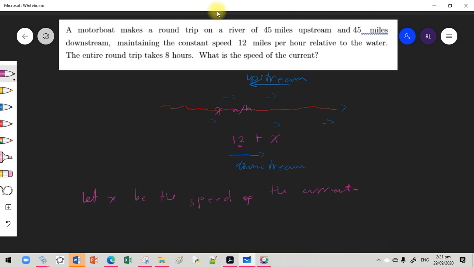However, since this is going upstream and maintaining the constant speed of 12 relative to the water, this becomes 12 minus x, because you're going against the current.